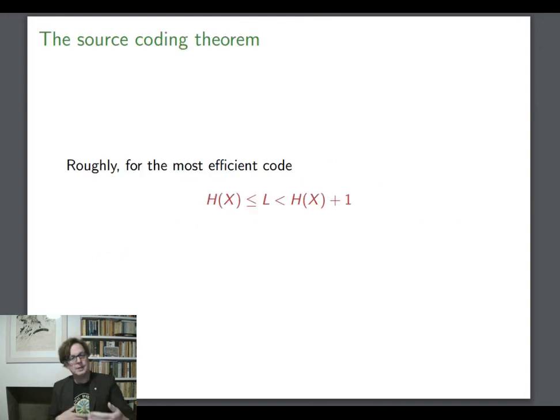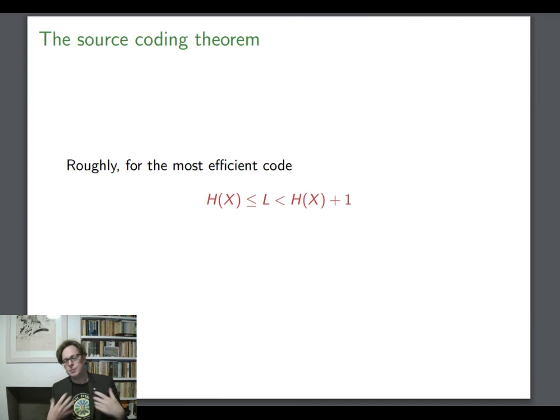And so what the source coding theorem is saying is that it's possible to find a prefix-free code so that the log of the probability is close to the length of the code word for that outcome.